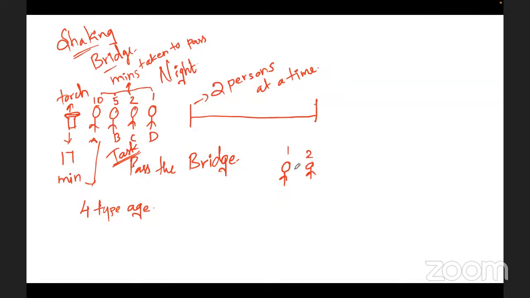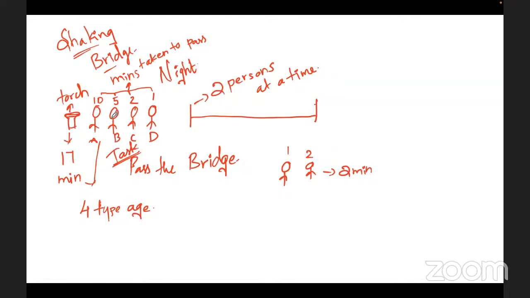If these two persons pass the bridge together, it takes 2 minutes, because the 1 minute person will take the extra minute. Right, that's what the thing is, 2 minutes. Clear?